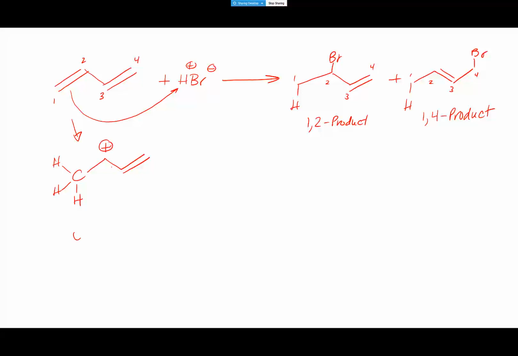So I just made an allylic carbocation. So what should I do with that allylic carbocation? Write its other resonance structure. So take this pair of electrons, move it here, and write the second resonance structure.